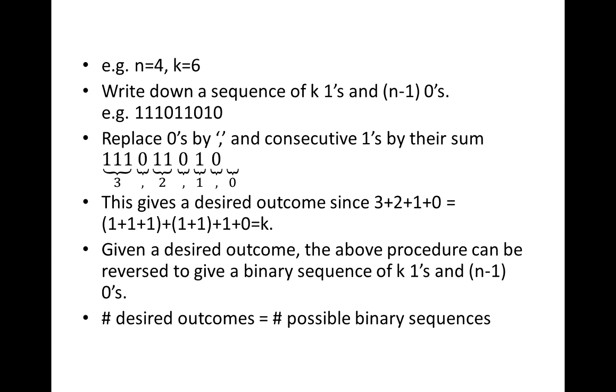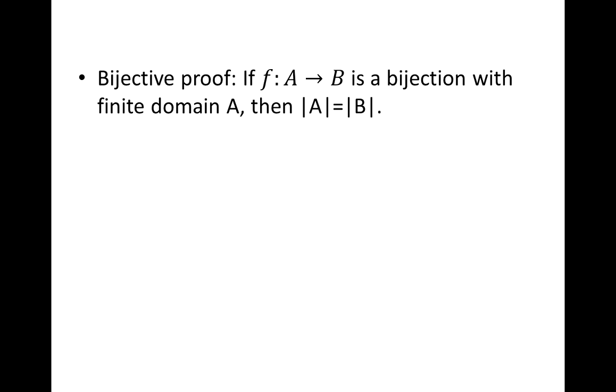We conclude that the number of desired outcomes is equal to the number of possible binary sequences. Why could we get to this conclusion? We use bijective proof to show this.